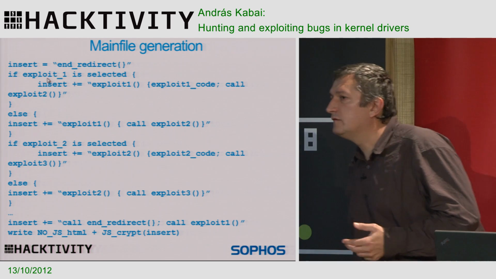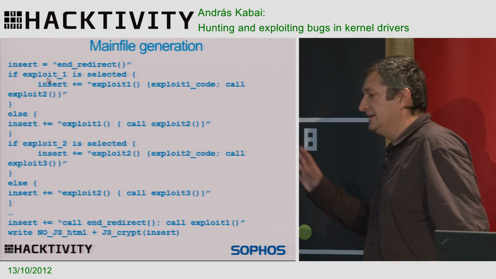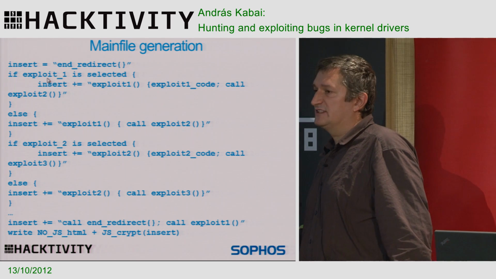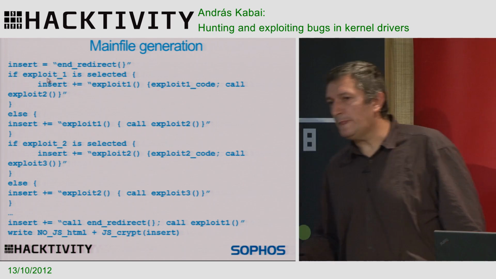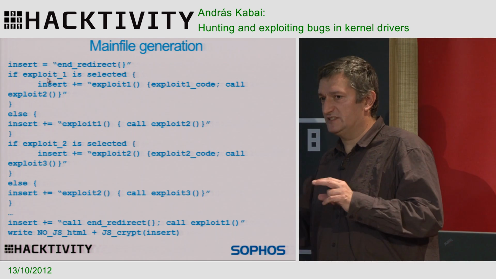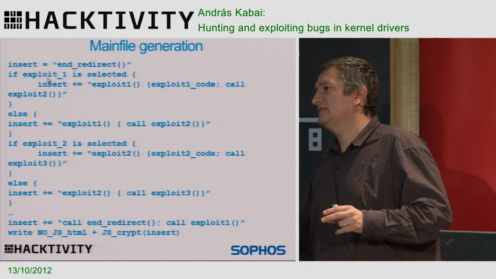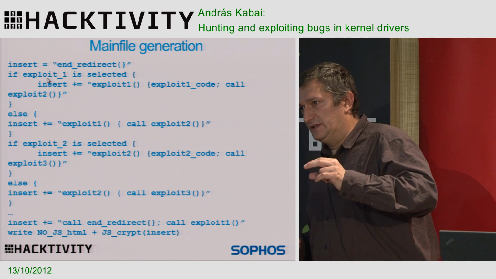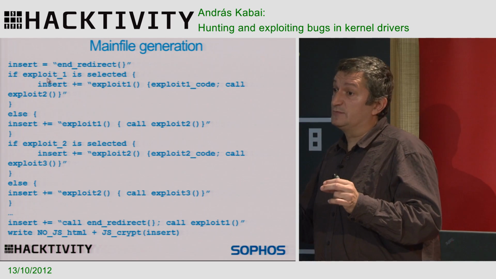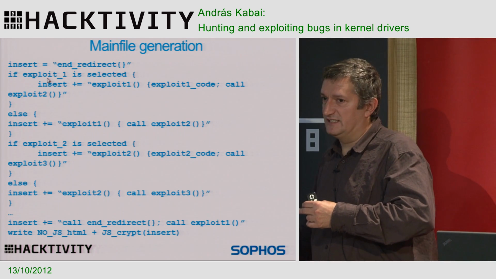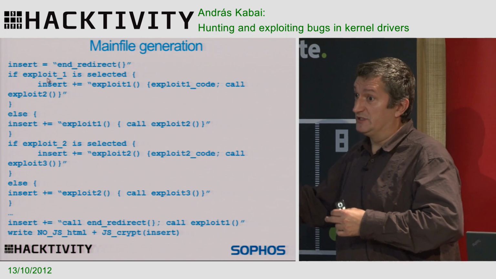Based on this information, the TDS functionality of the exploit kit can look up whether for this IP we have a specific rule. If there is a specific rule, they check for this operating system what the selected exploits are. Then for this browser, what exploits are selected on the admin interface to be delivered.